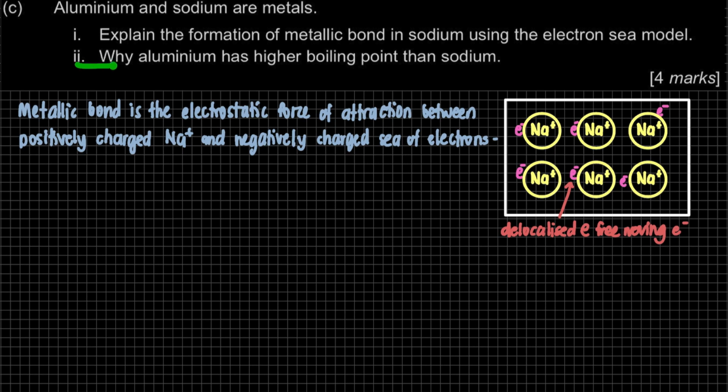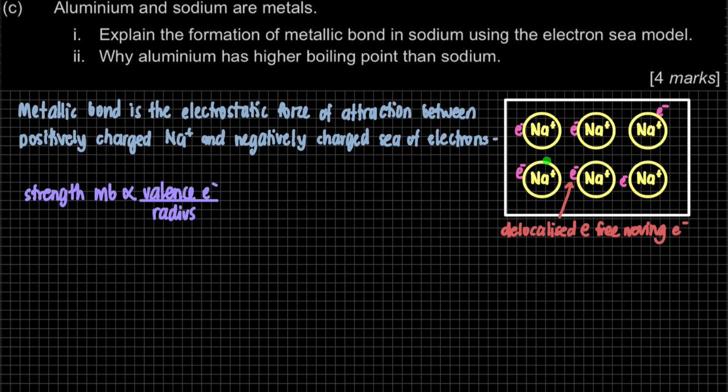Question 2: why does aluminium have a higher boiling point than sodium? For our metallic bond, there are two factors that we discuss, which are the strength of metallic bond (MB stands for metallic bond). The strength of metallic bond depends directly on the number of valence electrons, but is inversely proportional to radius. Why is it directly proportional to valence electrons?